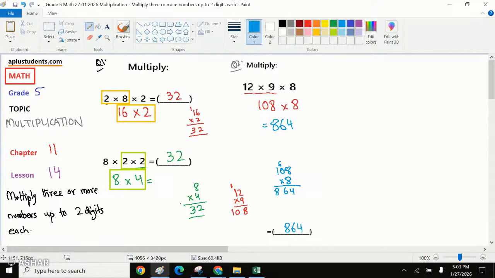So when we multiply the three numbers together, this is the working that we did. The answer is 864, irrespective of the order that we multiply.